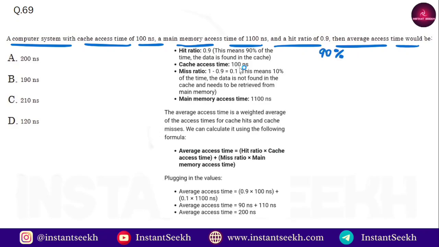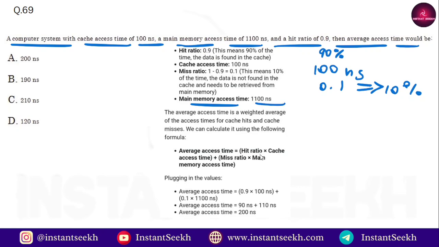Cache access time is 100 nanoseconds. Miss ratio is 1 minus 0.9, so it is 0.1, that is 10%. Main memory access time is given as 1100 nanoseconds.